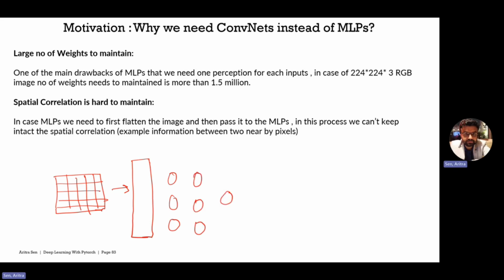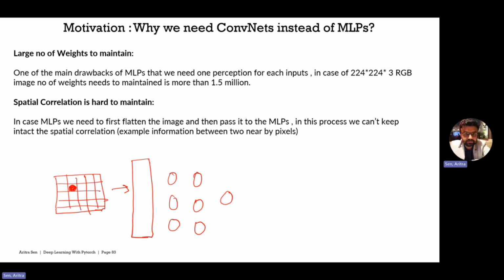This is a problem in the case of images, because if I just pick up this pixel, its value has a huge correlation with the surrounding pixels, which we also call spatial correlation, right?